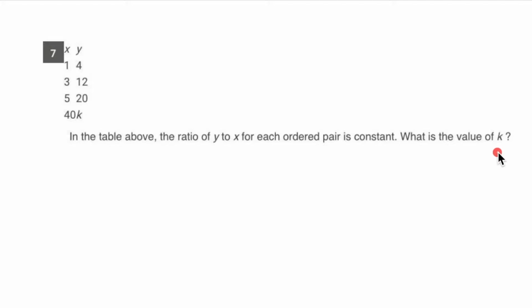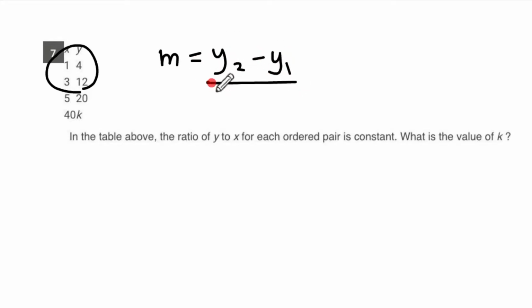So if the ratio is a constant, we know that it's a linear equation. So we want to solve for k. What I want to do is use a couple of these points and find the slope first. Let's just take these first 2 points right here. Remember, slope is y2 minus y1 over x2 minus x1.